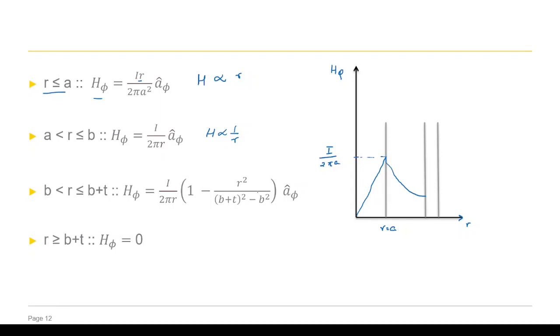It is some quantity minus some other quantity. So it further reduces. And the moment R moves out of b plus t, the value reaches 0. So this is how the magnetic field intensity within a coaxial cable is going to look like.